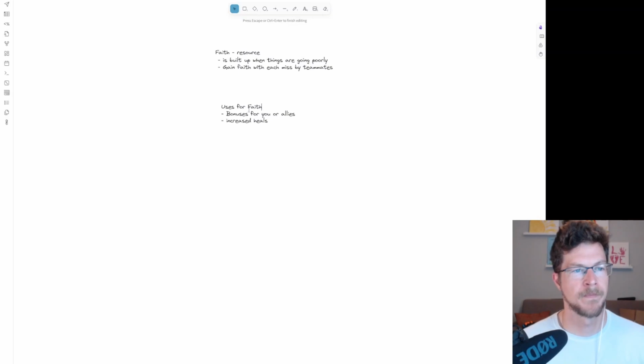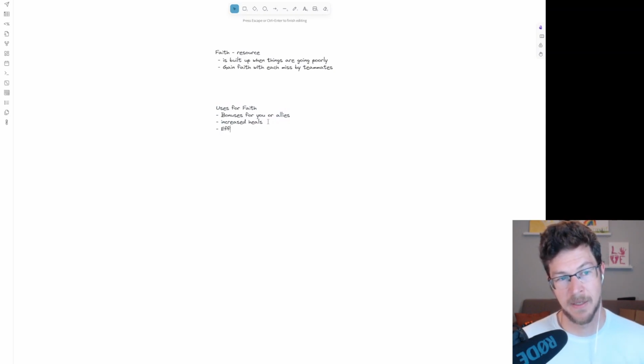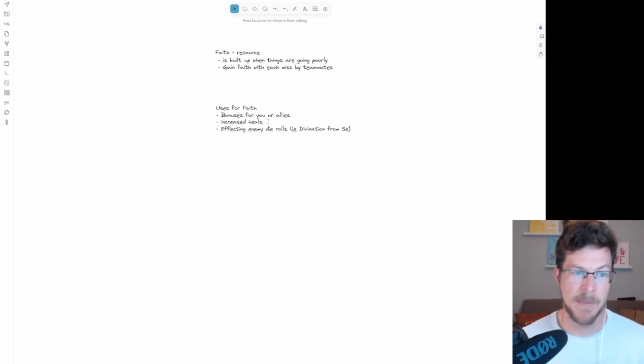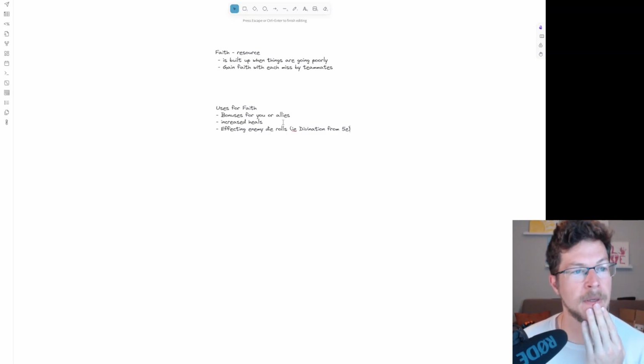Uses for faith. I mean, maybe it should be more in terms of affecting enemy die rolls, i.e. the divination from 5e, right? That makes a little bit of faith kind of concept.